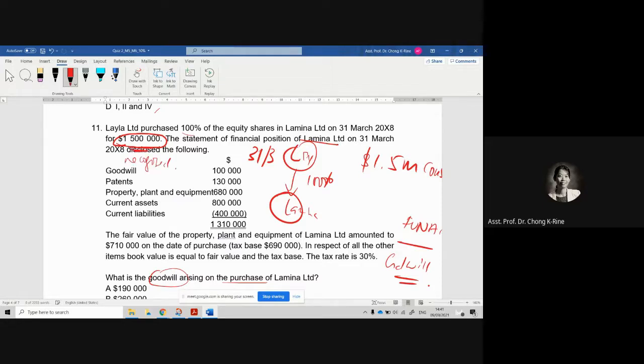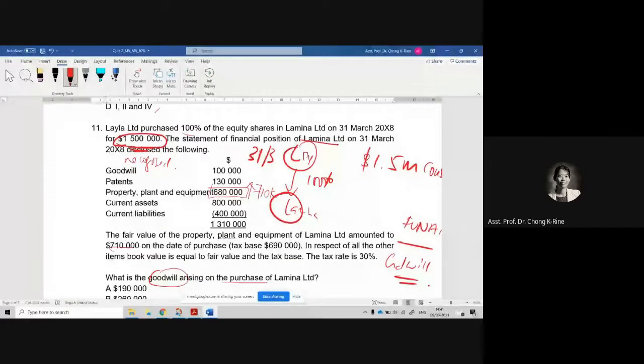The fair value of property, plant, and equipment of Lamina amounted to 710,000. On the date of purchase, tax base is 690,000. You will find that the PPE is 680,000, so we want to increase it to 710,000 because that's the fair value.